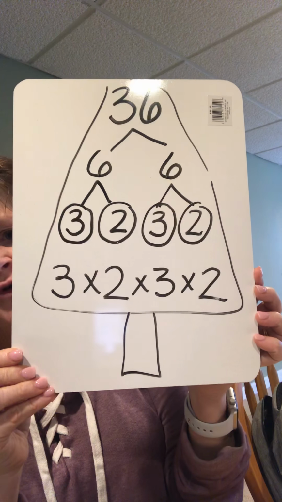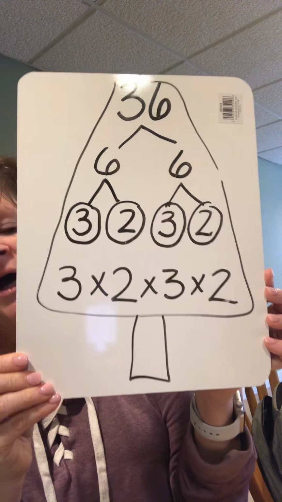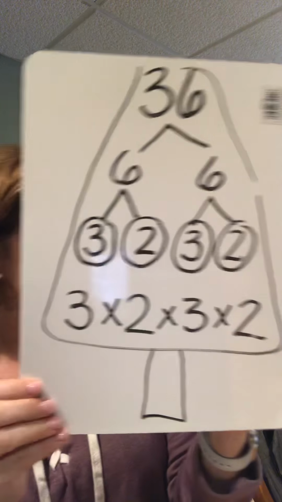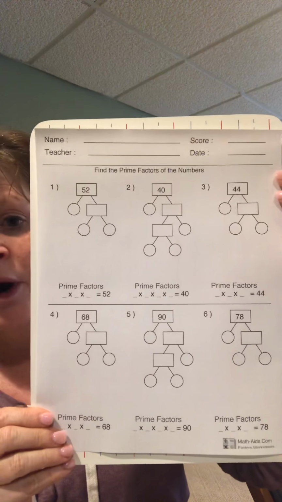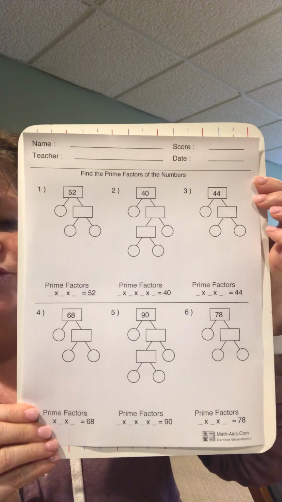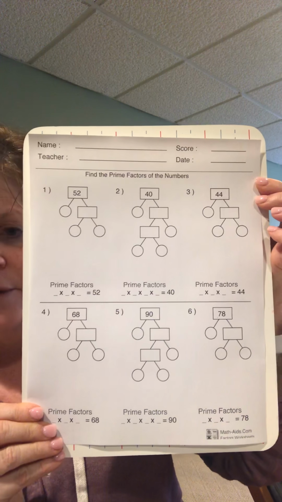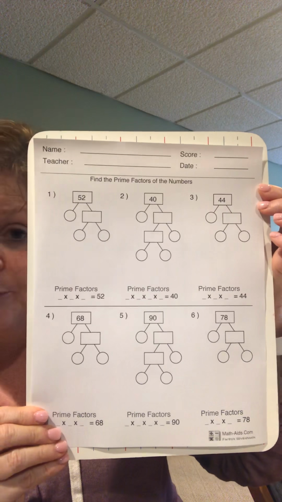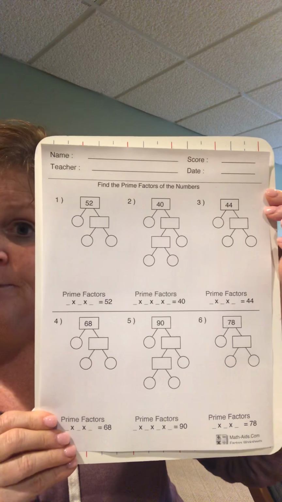I want you to do that because I want you to have something to look at when you pick up and start to do your homework, which is right here. Now you are going to notice that you've got circles and rectangles. The circles is where you're going to put your numbers that are prime.